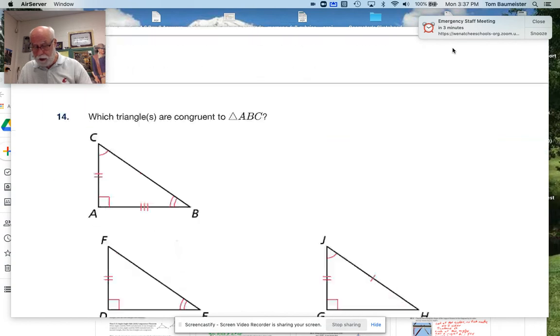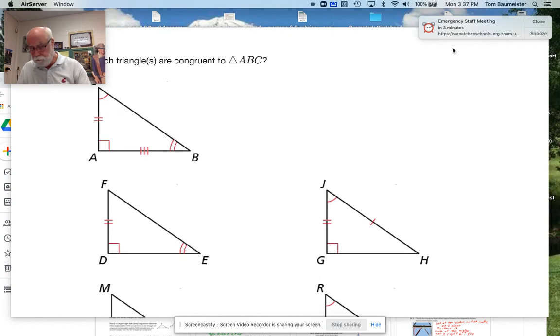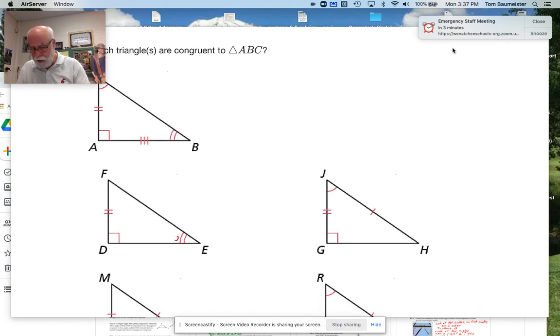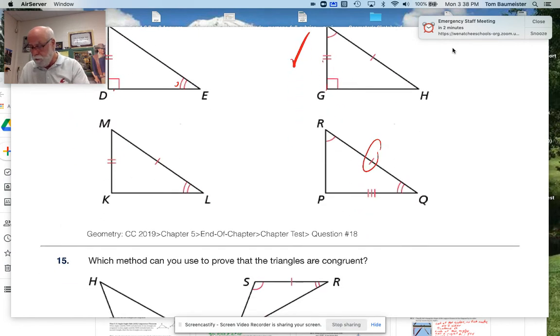Okay, on 14, which triangles are congruent? So again, if we look at this one here, I have an angle, angle, side marked. So we can say that one. On this one here, we have an angle, side, angle. So we can mark this one here. On this one here, that one's not marked up above, but we do have angle, angle, side.